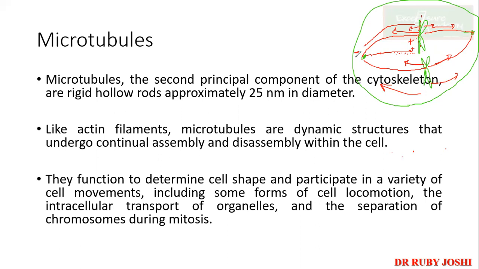Yes, Prishita, would you like to try? Minus end. But if it depolymerizes from the minus end, it will get shortened here. The sister chromatids remain here only. It depolymerizes from here and they remain here only. There's nothing which is pulling them in this direction.